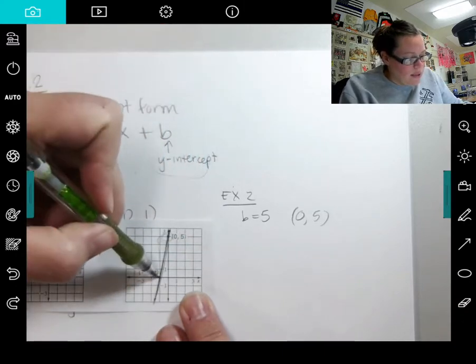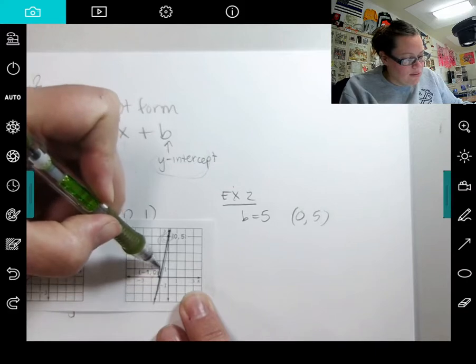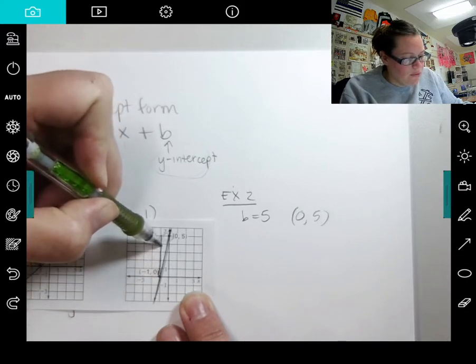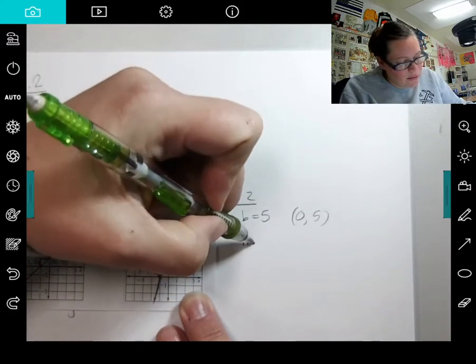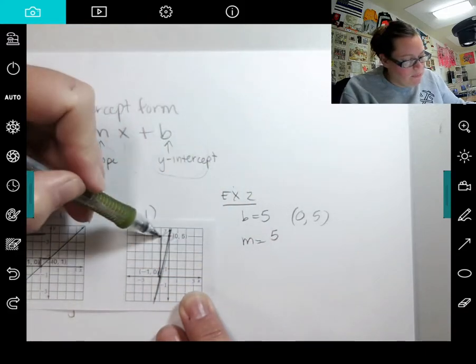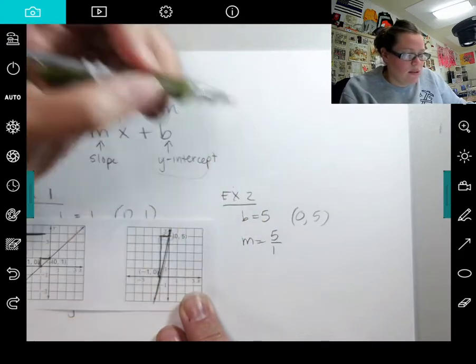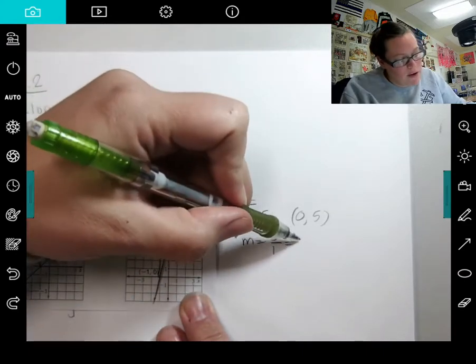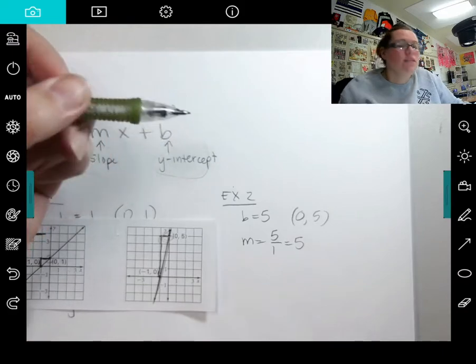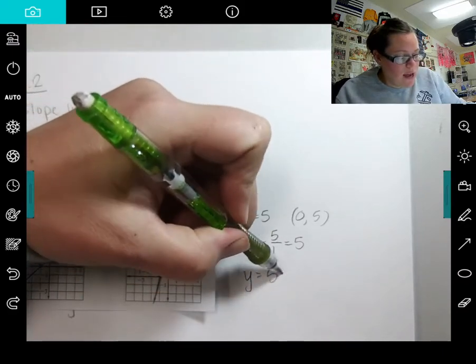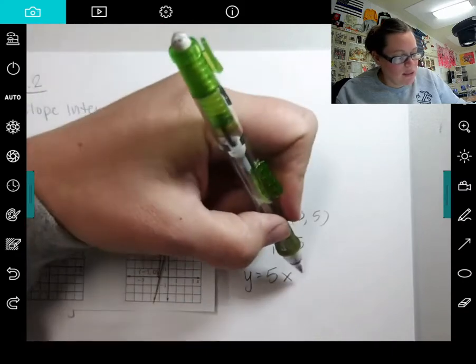So we rise up 5: 1, 2, 3, 4, 5. So it goes up 5 over 1. So our slope would just be 5. So the equation of this line would then be y equals 5x plus 5.